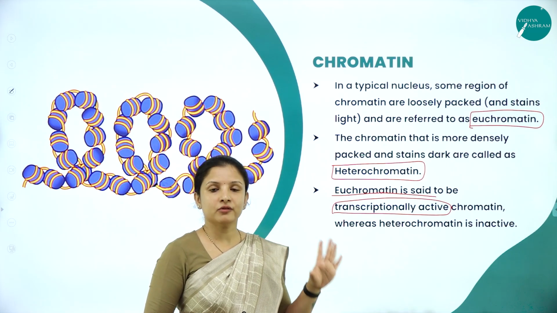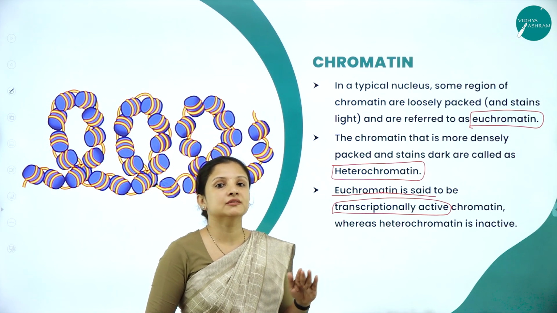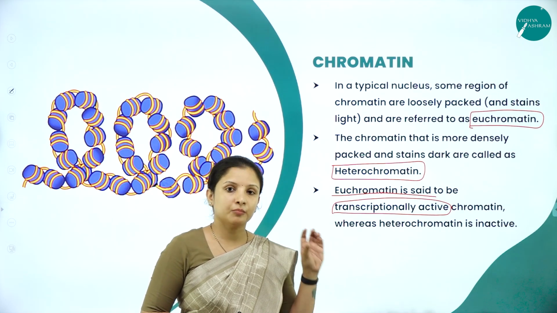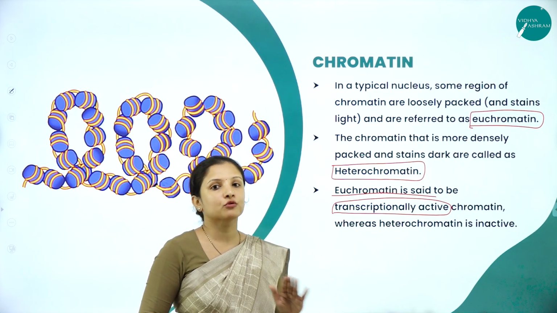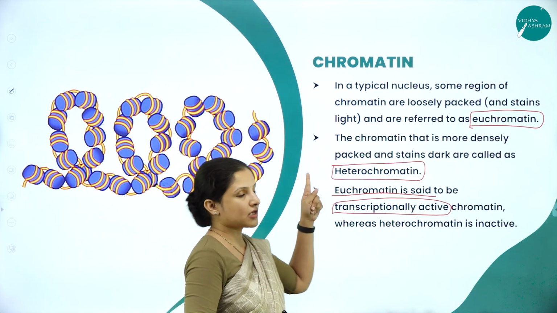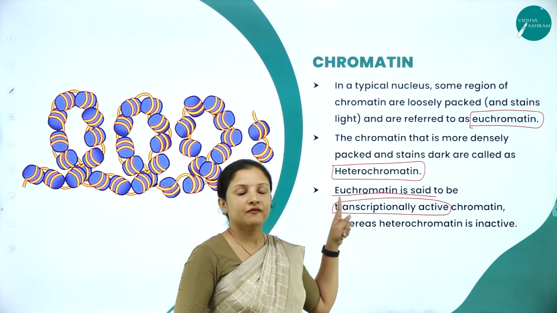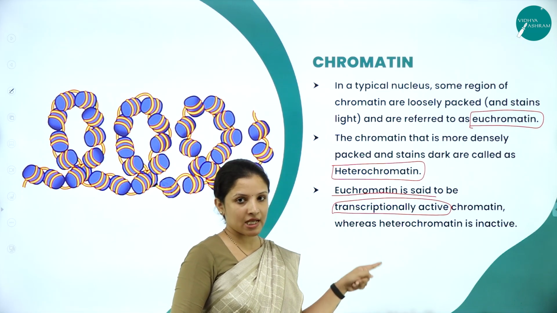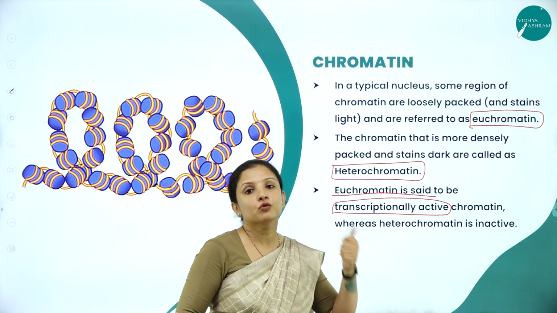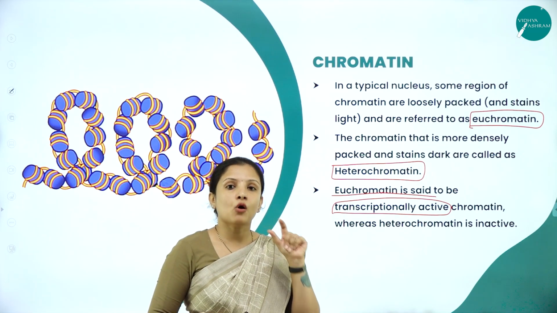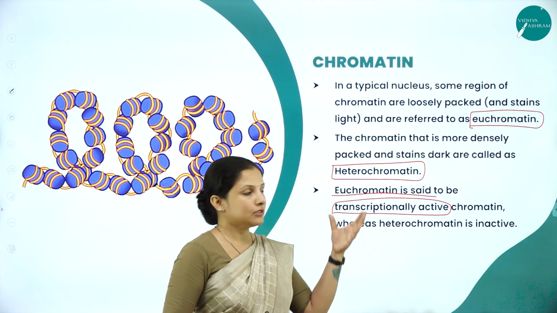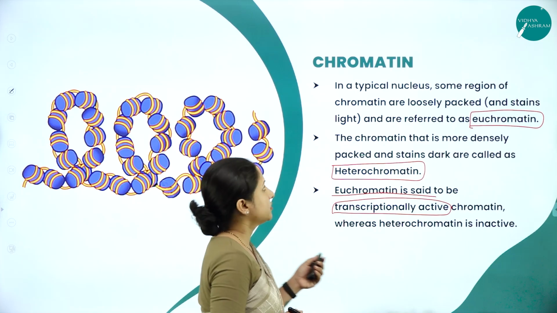If it is packed tightly around the histone, then the process of the central dogma will not take place. In particular, the transcription process will not occur. So, if the DNA has to be transcriptionally active, it should be in euchromatin form, coiled loosely around the histone. This is important for MCQ.